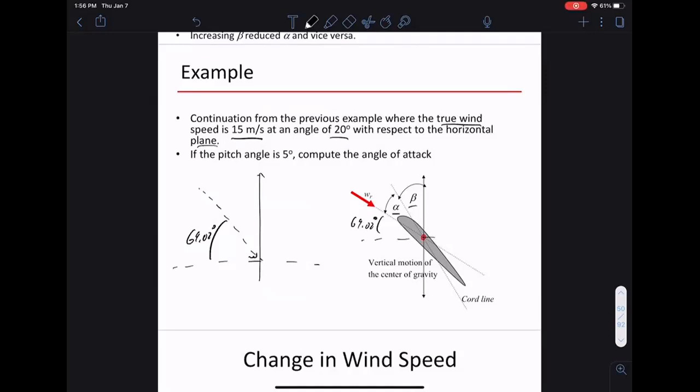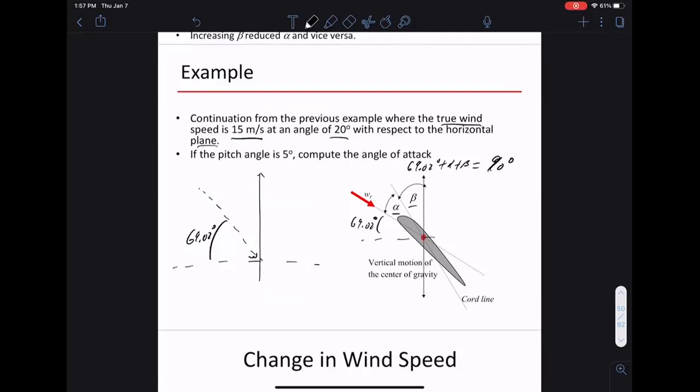So the relationship we have is 69.02 degrees plus alpha plus beta is 90 degrees. The total angle to the horizontal direction is 90 degrees. We know the relative wind direction, and if we know beta, which we can get by measuring the pitch angle, then we can find the angle of attack alpha.